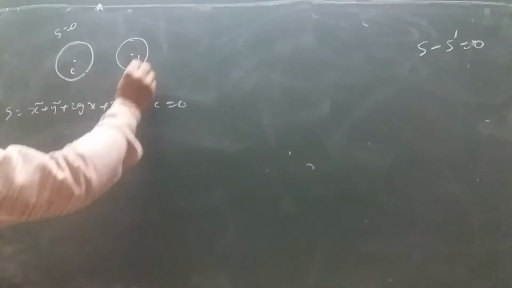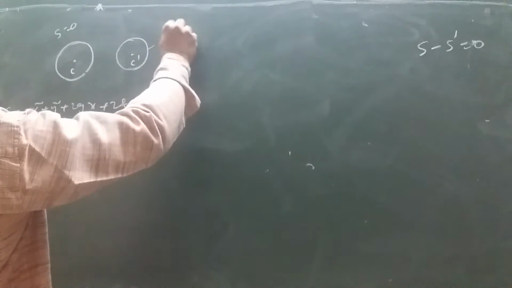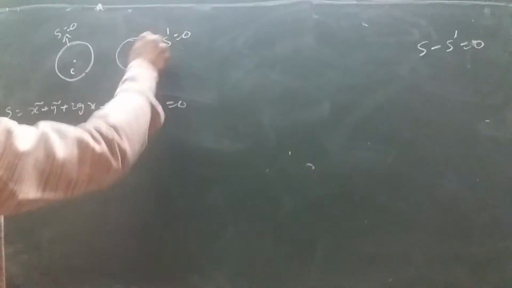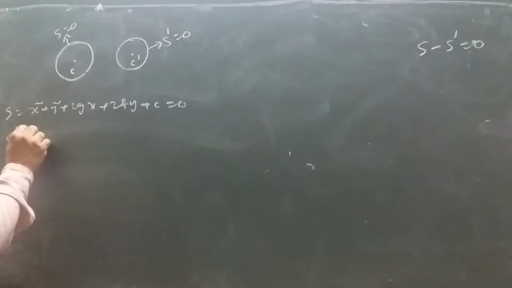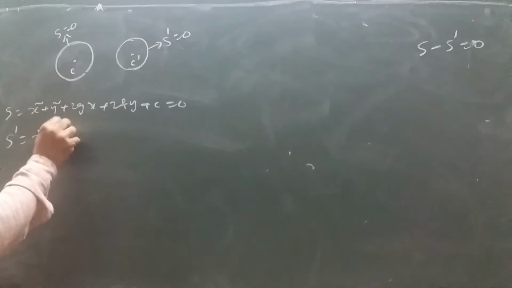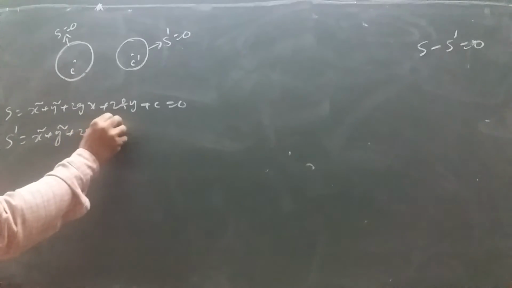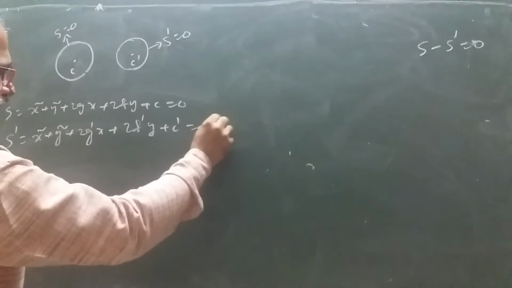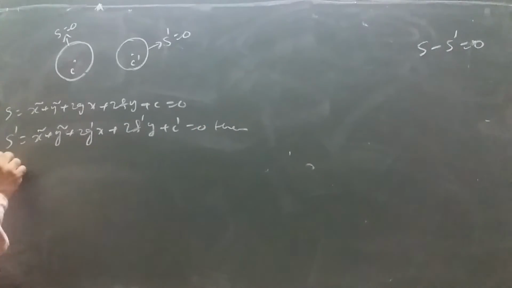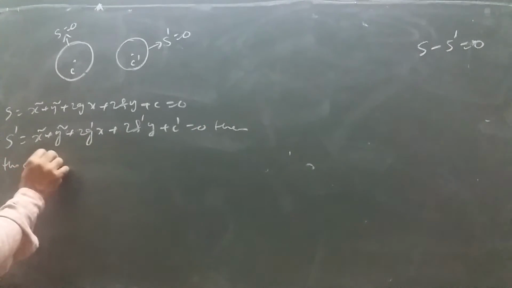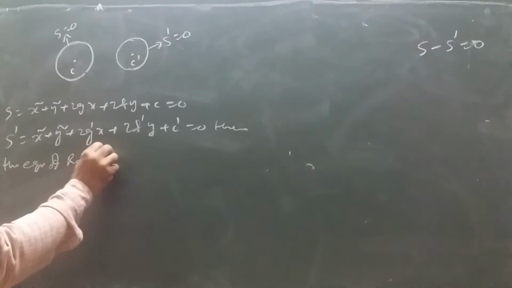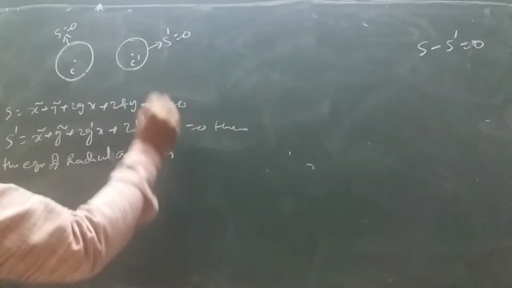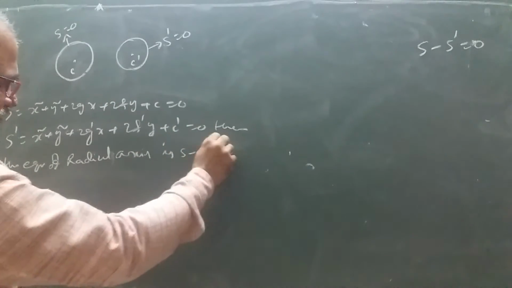This is S dash equals 0, where S dash is x square plus y square plus 2g dash x plus 2f dash y plus c dash equals 0. Then the equation of the radical axis is S minus S dash equals 0.